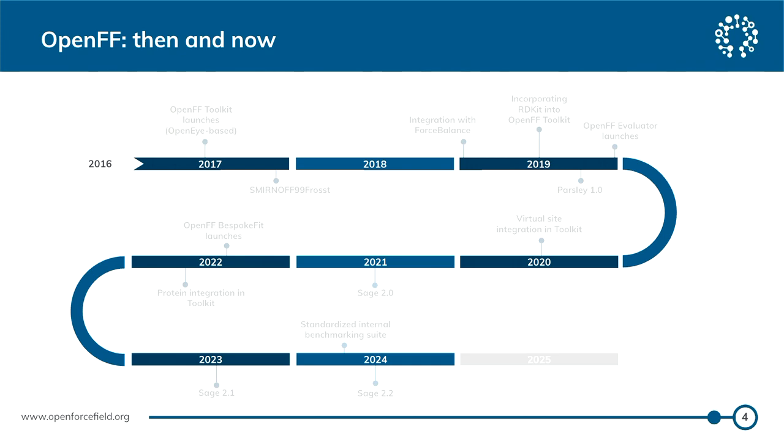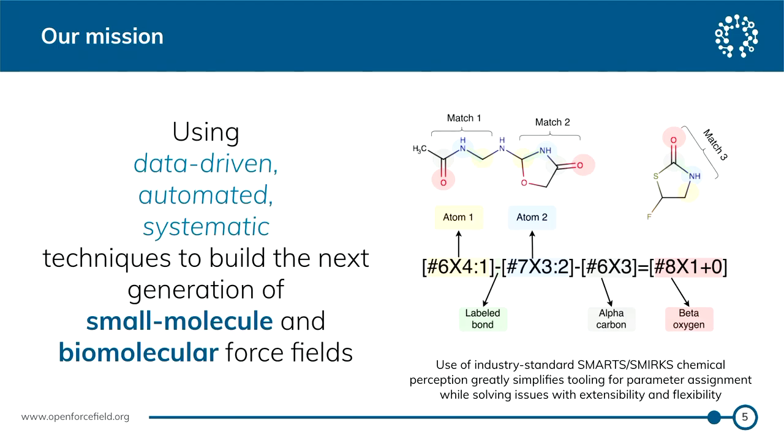So the seeds of what would eventually become OpenFF were first laid in 2016 when Chris Bailey arrived at UC Irvine and laid the scientific groundwork for what would eventually become the project. His work resulted in the release of the SMIRNOFF format, which, as shown on the previous slide, allows us to assign force field parameters to molecules using direct chemical perception, as shown here, and bypassing the need to define formal atom types.